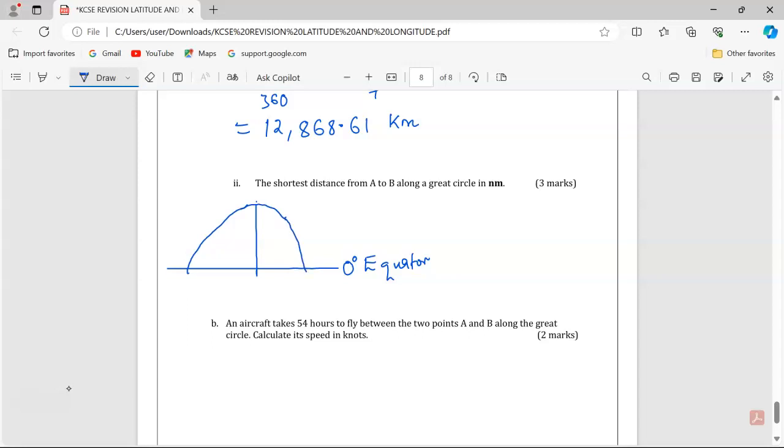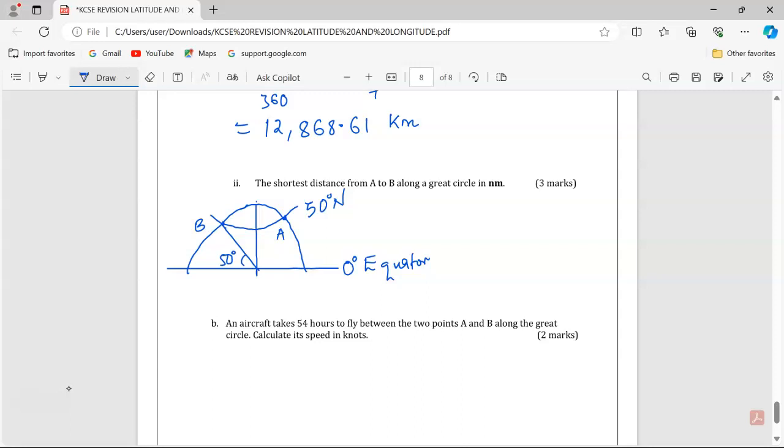So if we talk about latitude, this is latitude 50 degrees in the north. Therefore, we will be having point A at this point and point B at this point, such that because they are on latitude 50, then from the axis of the earth, we are measuring an angle of 50 degrees.